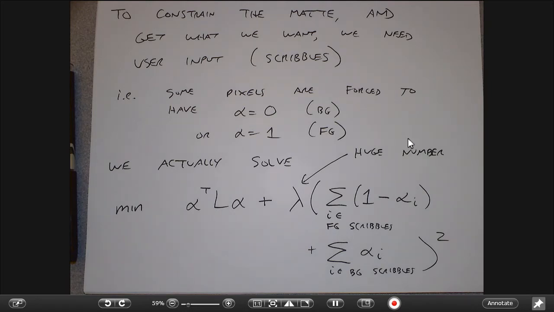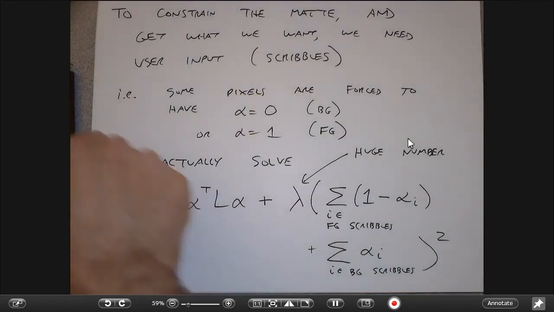Okay. So here's an idea that was a follow-on from this original work. This was a paper in one of the big computer vision conferences, or maybe it was in SIGGRAPH one year, and the next year they came out with another refinement to this approach. And the refinement was based on the following observation.